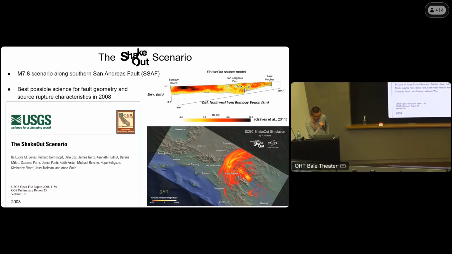That was the best available science at the time, and they were focusing on the southern portion of the San Andreas fault, as you can see right here. That was the snapshot video from the 2008 simulation. And then we are going to use this scenario as the representation of the big one.